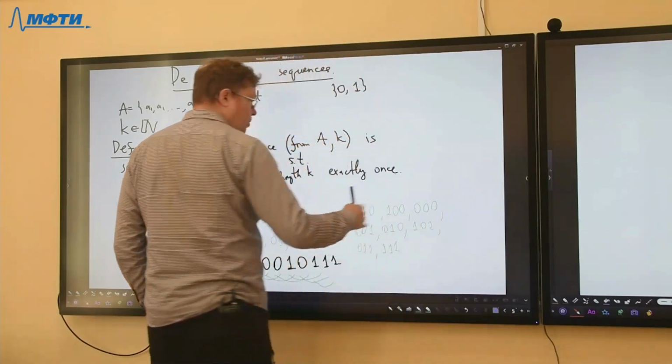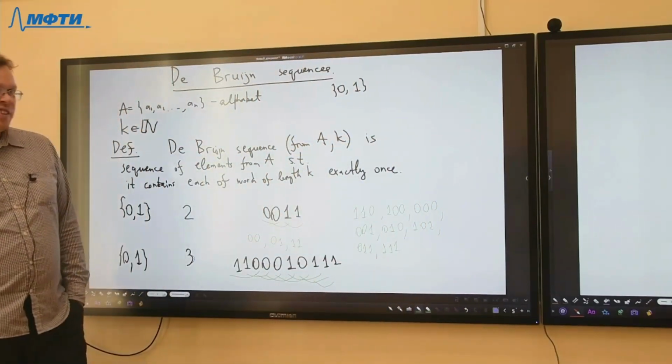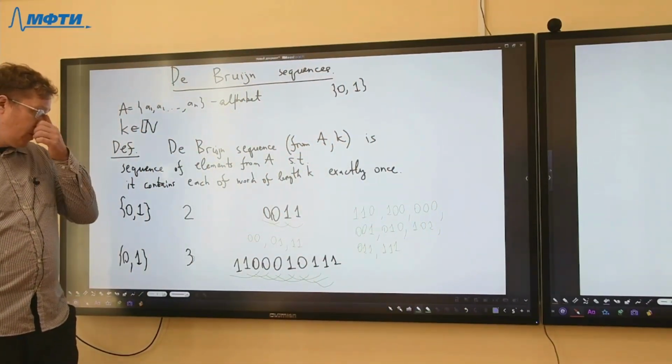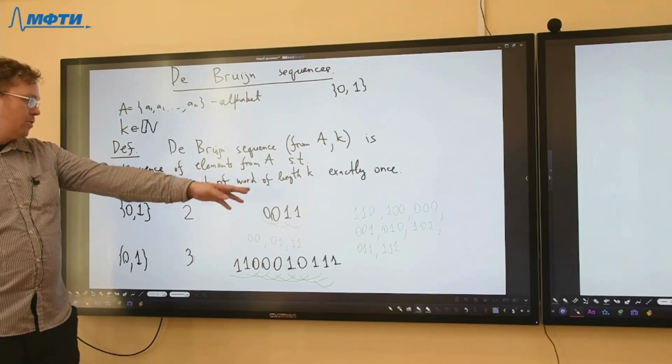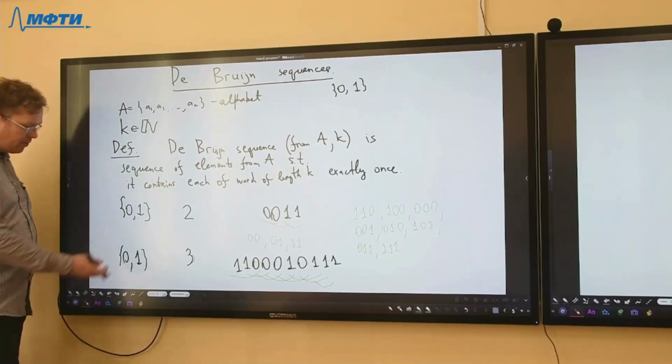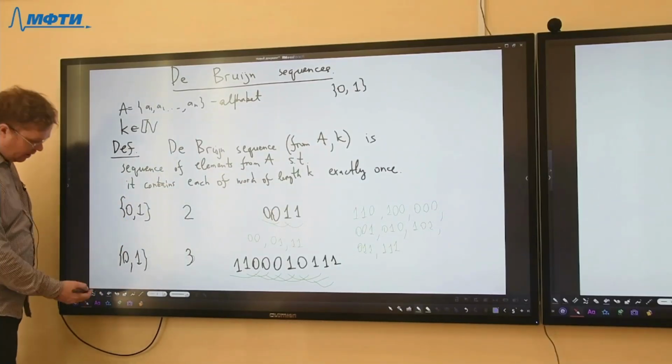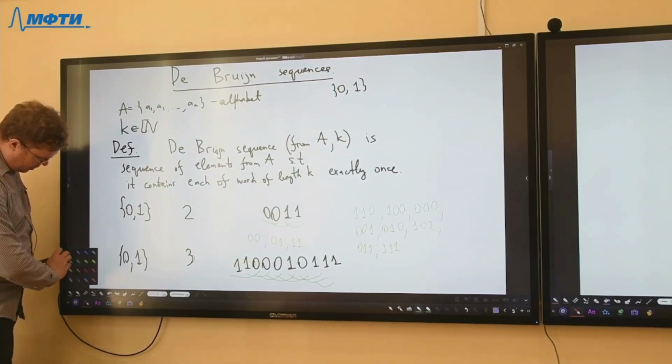So I have all different words, and they are all the words of length 3 from this alphabet. So exactly 8 words.